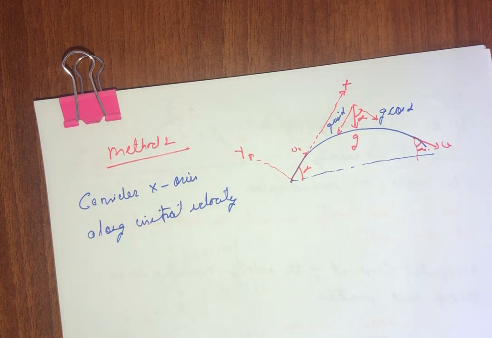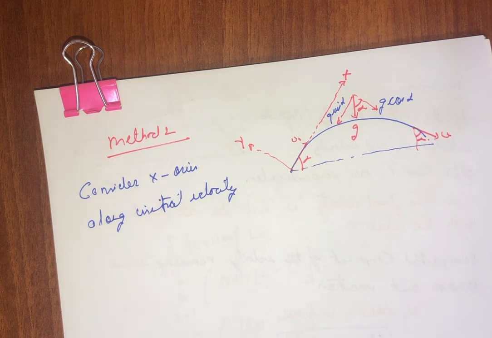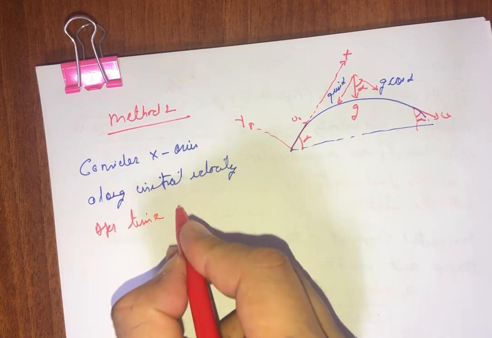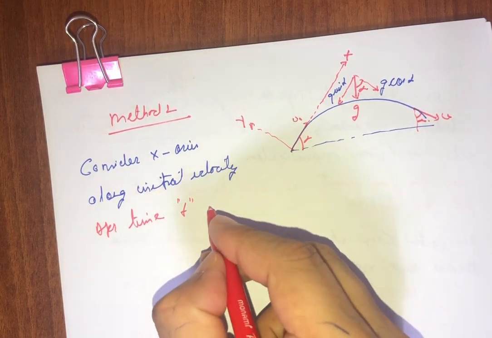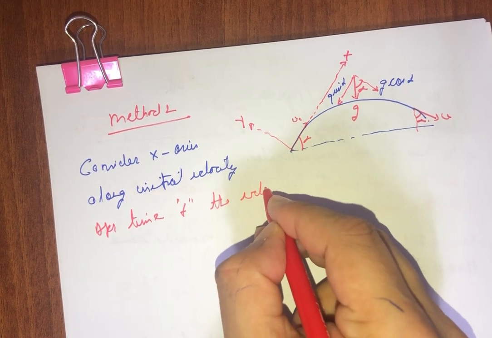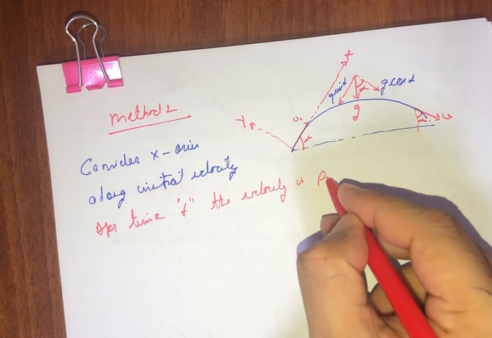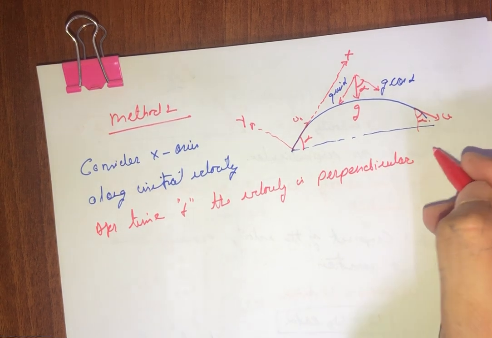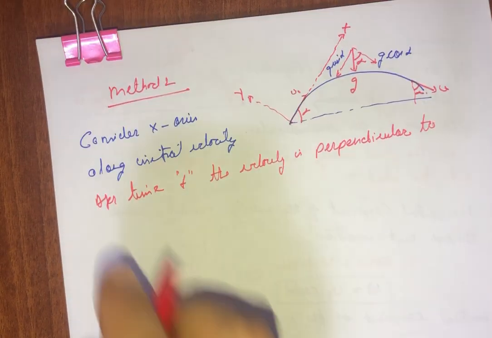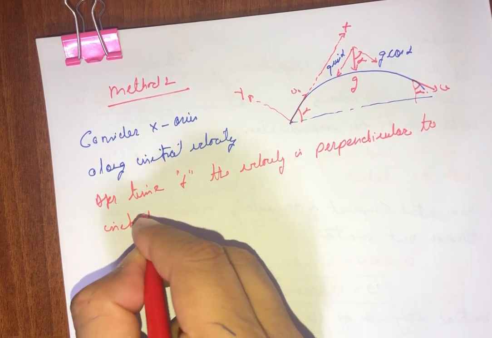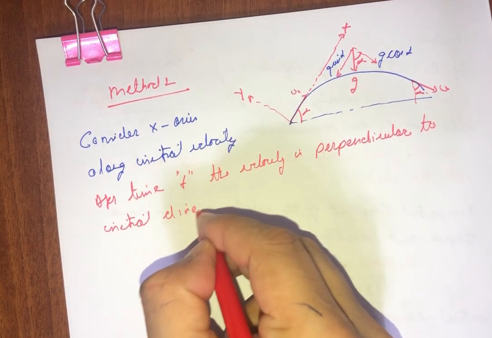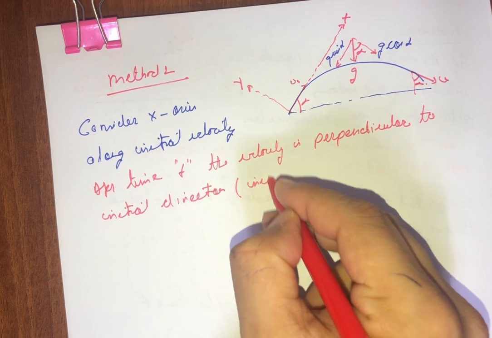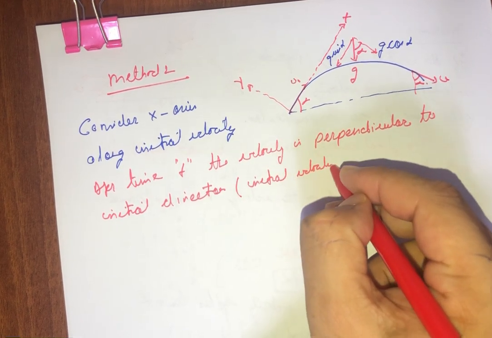So we can say that after time t, the velocity is perpendicular to the initial direction, where initial direction basically means initial velocity direction.